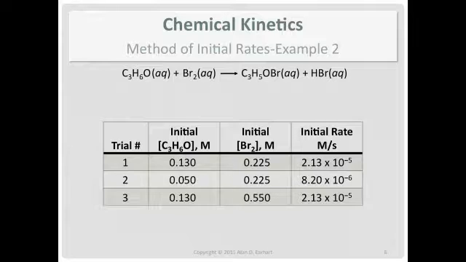All right, so let's look at our rate law. We start with this. We know that x is 1. You don't have to actually write the 1 down. Now we need to find y.